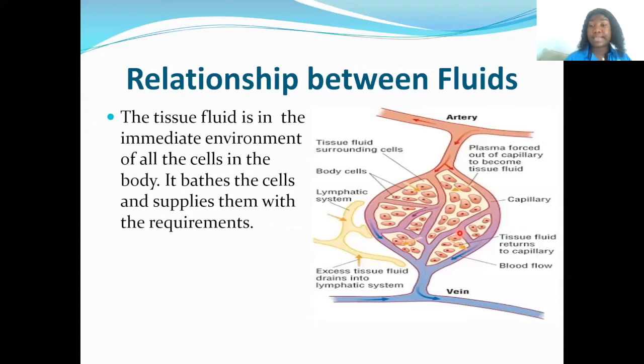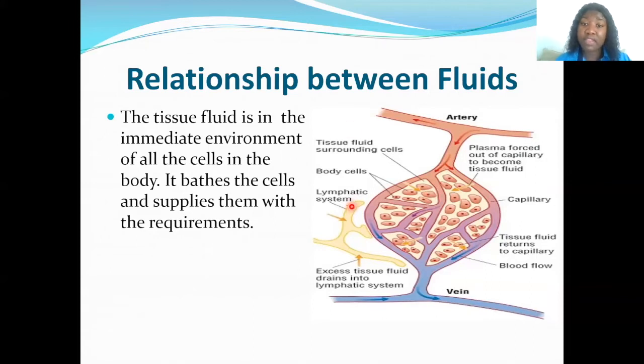Now remember, it said 10% of the plasma squeezes through these capillaries and forms what? Tissue fluid. So the tissue fluid here is what's bathing or soaking the cells. They're taking a nice jacuzzi bath in their now formed tissue fluid. And within the tissue fluid, this is where they get their nutrients, their oxygen, and any energy to carry out the functions of our body.